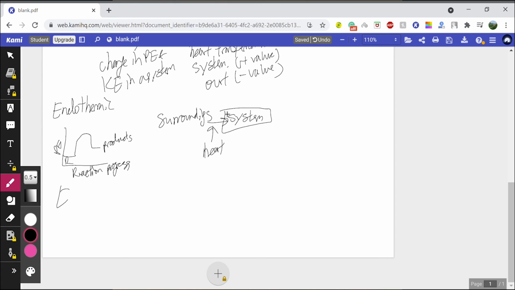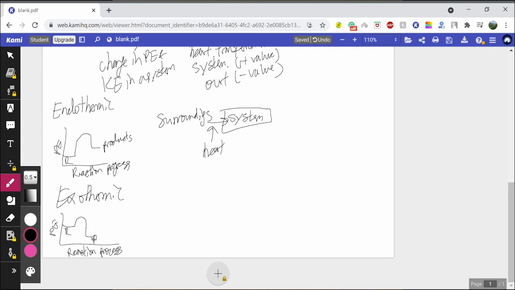Now let's check out exothermic. In an exothermic reaction, the products have less potential energy and more kinetic energy than the reactants. If the kinetic energy of the products is more, then products are also at a higher temperature than surroundings. So let's quickly draw this. This is the reactants, this is the products. This is still potential energy, and this is the reaction process.